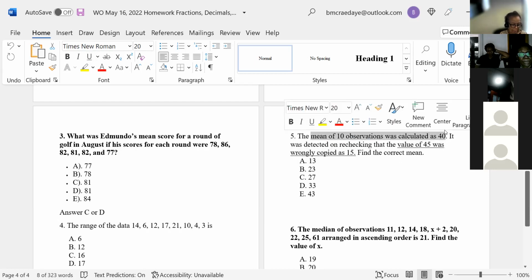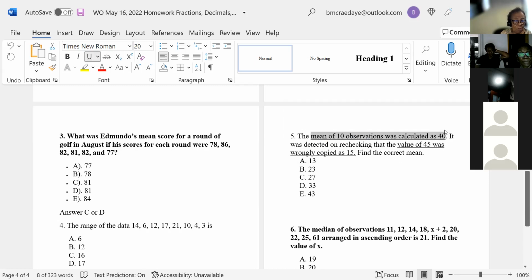Now, if it was wrongly copied as 15 and it should have been 45, was your total increased or decreased? Decreased. The value of 45 was wrongly copied as 15, so you should add to the total or subtract from the total? Subtract.